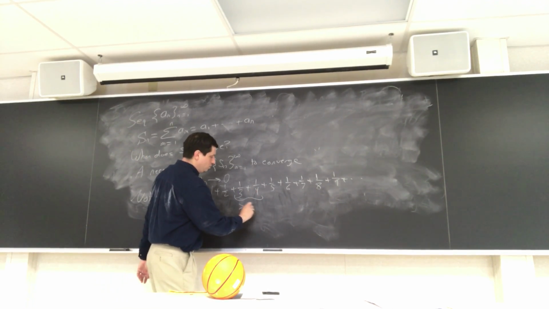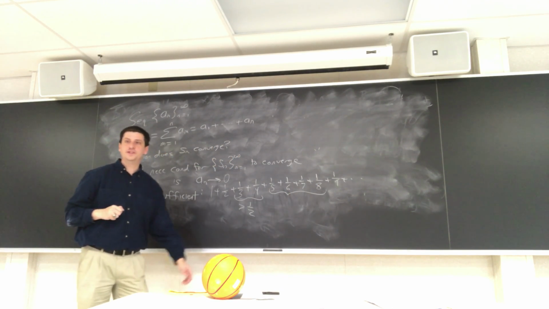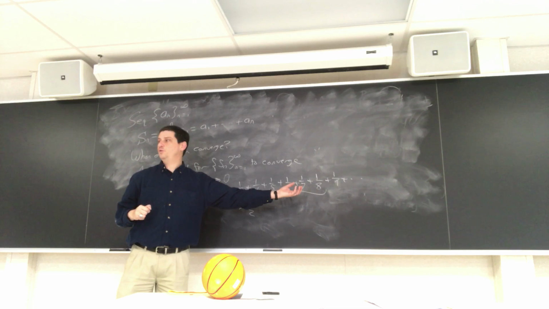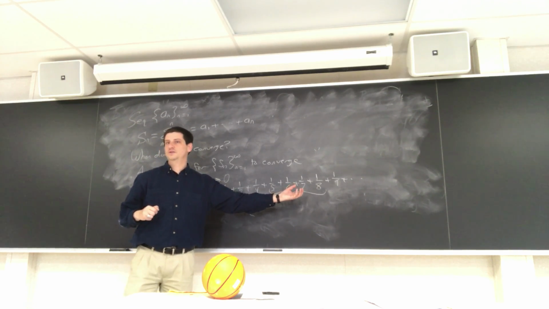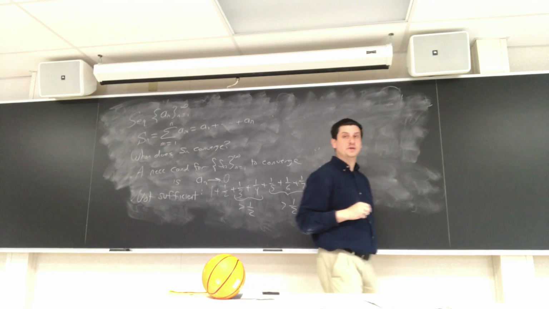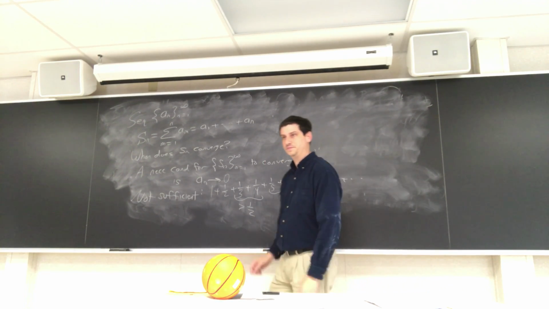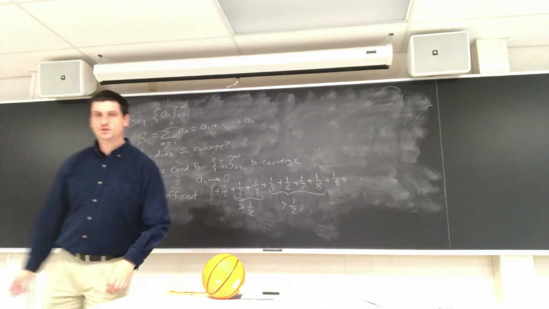So that's greater than 1 half. 1 fifth, 1 sixth, 1 seventh, 1 eighth, they're all at least 1 eighth. I have at least 4 eighths, also known as 1 half. So this proves that the harmonic sum diverges. So it's not enough to know that the terms go to 0. All right, this is a good place to stop.